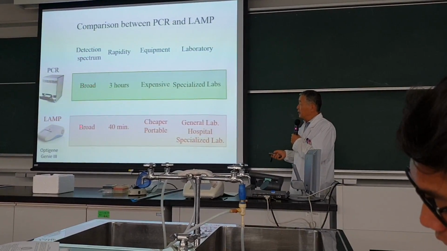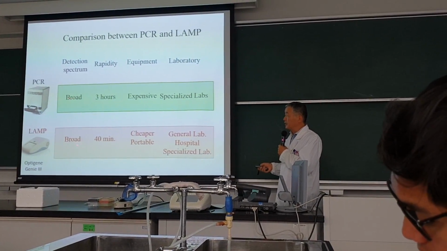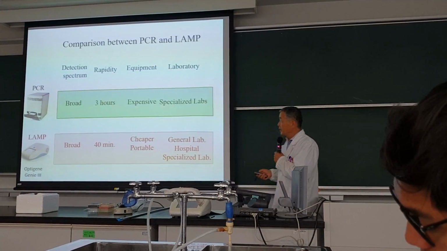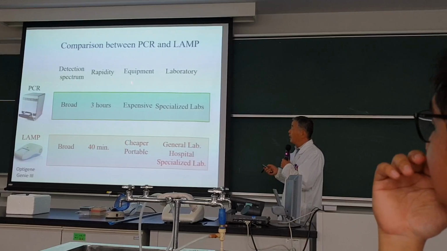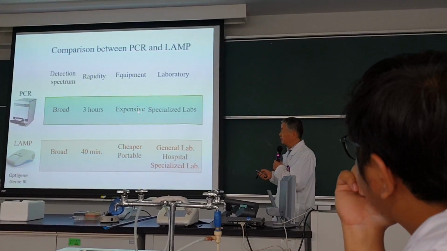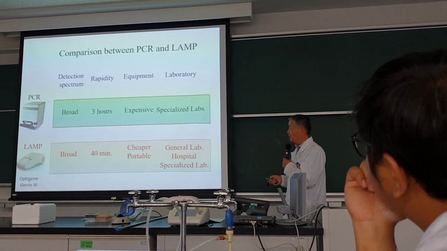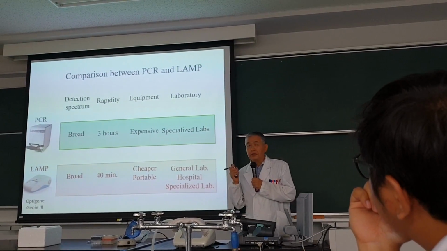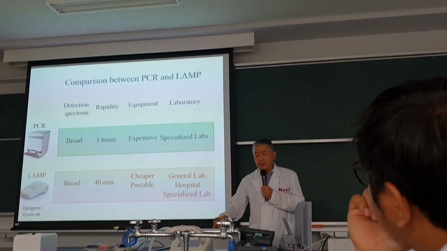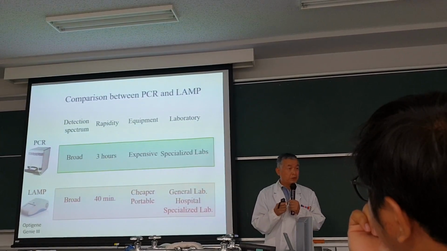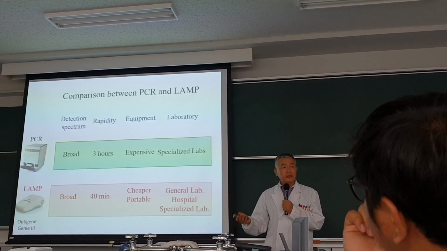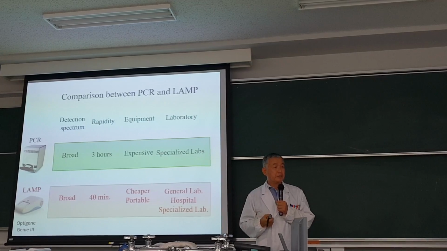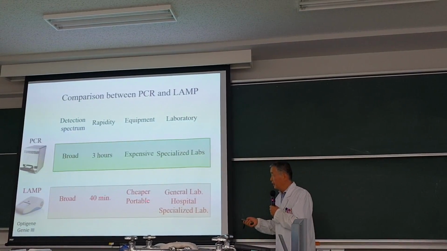The broad coverage is the same currently. Okay, the rapidity is higher, and the equipment is expensive, or this is portable. We can connect the machine with our cellular phone to send the data, run file to the diagnostic center by cellular phone.